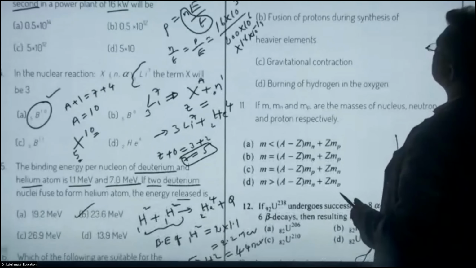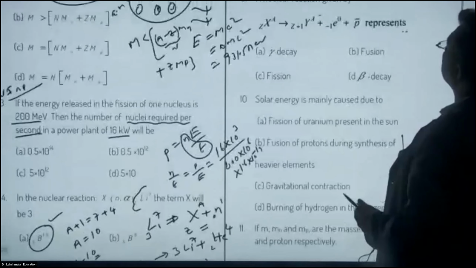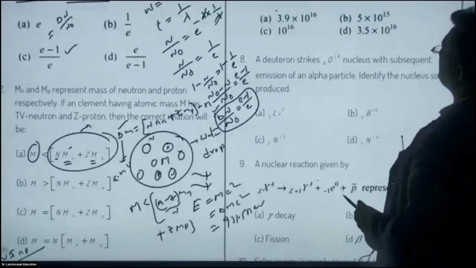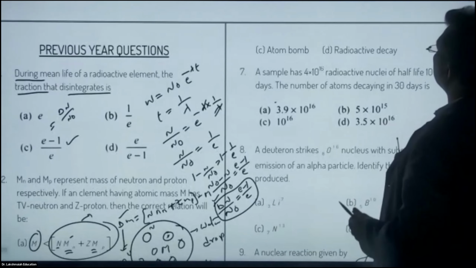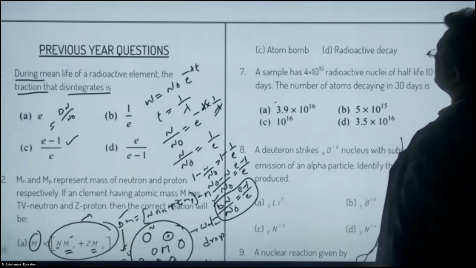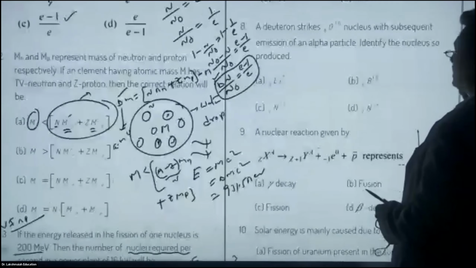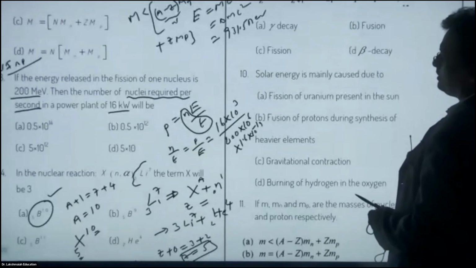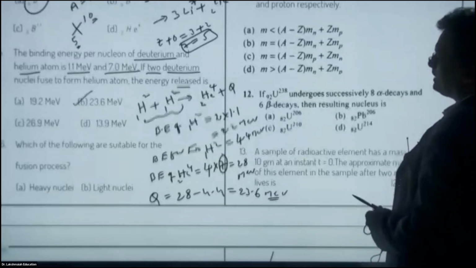For the nuclear fusion process, nuclei with low mass are suitable. Sir, option B, light nuclei. Yes, the answer is option B, light nuclei.